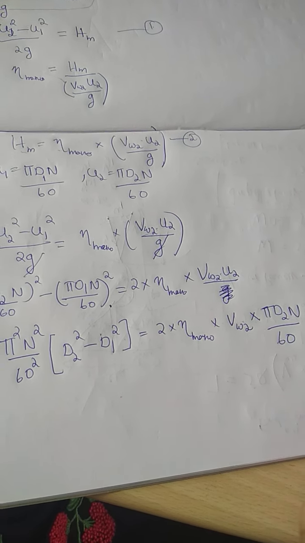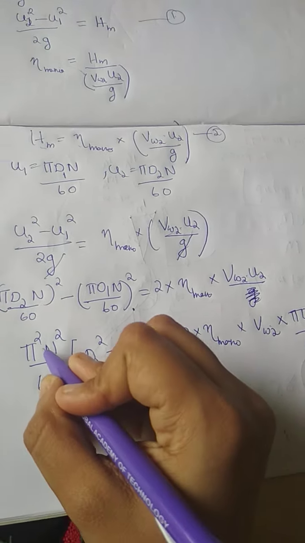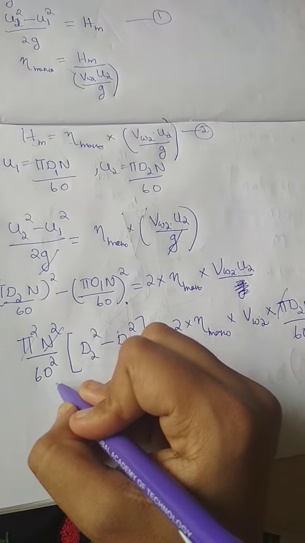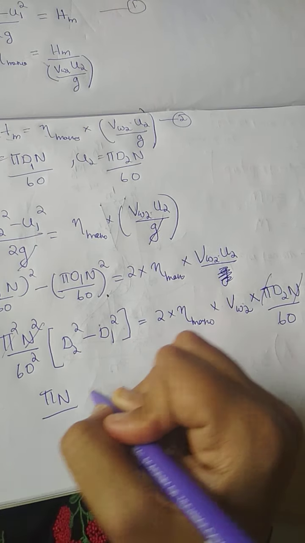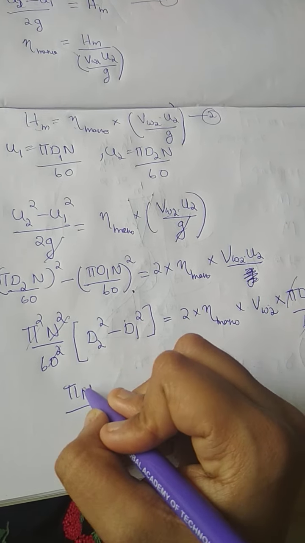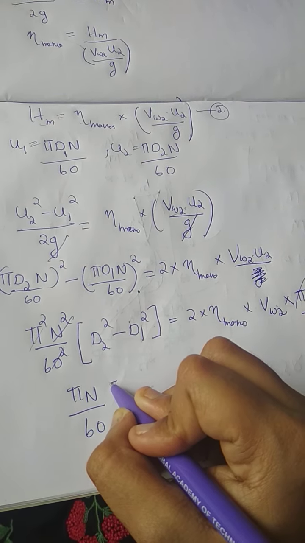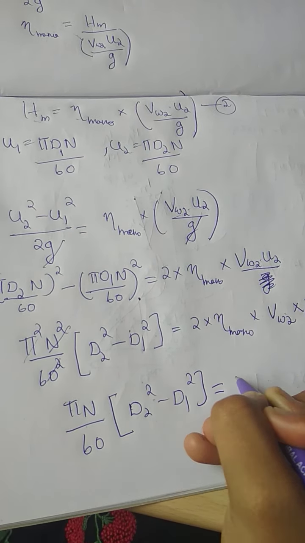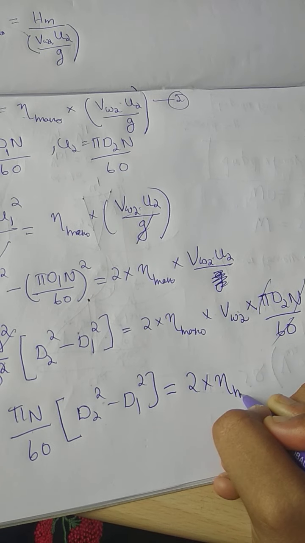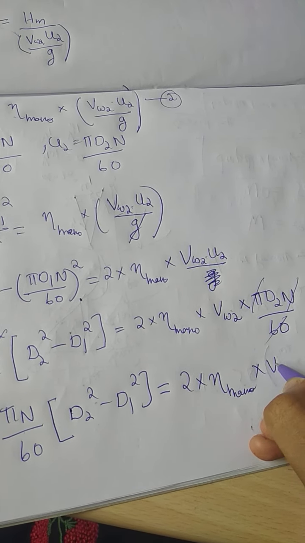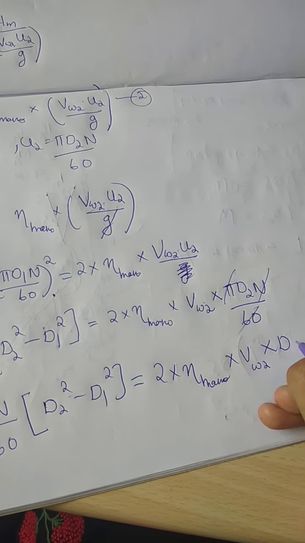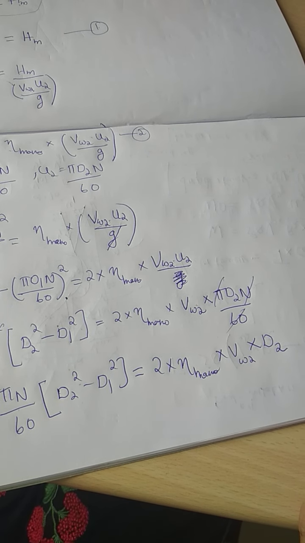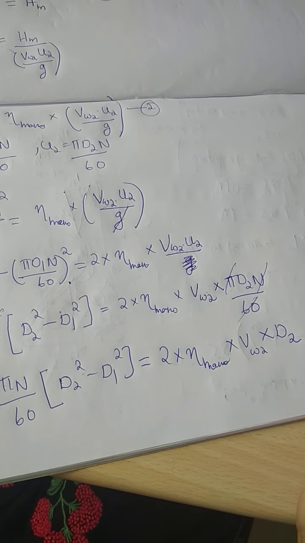One pi gets cancelled, one n will also get cancelled, and the 60 will also get cancelled. So pi n by 60 into d2 square minus d1 square equals 2 into eta mano into Vw2 into d2.